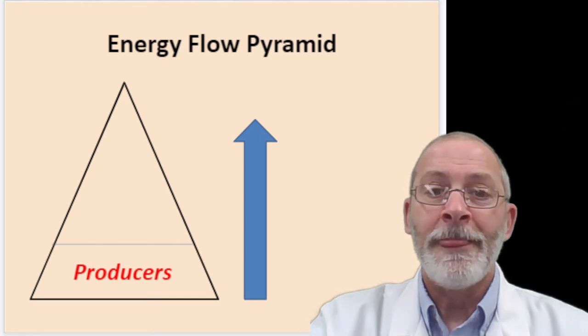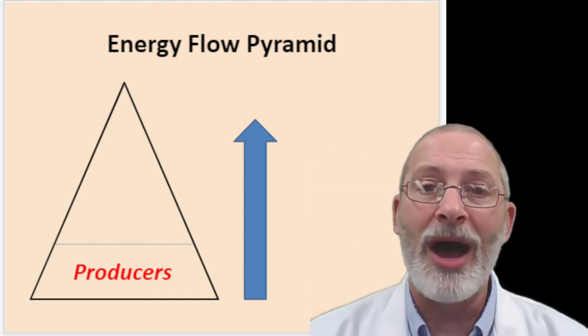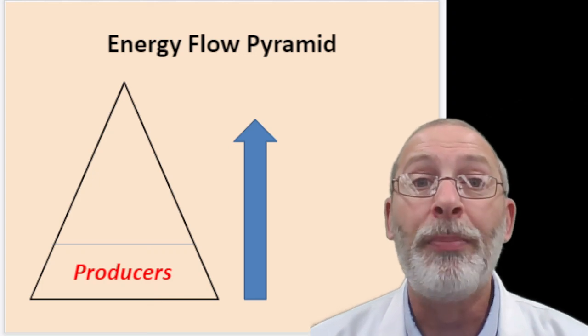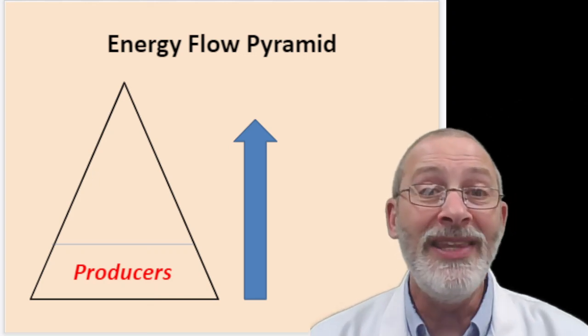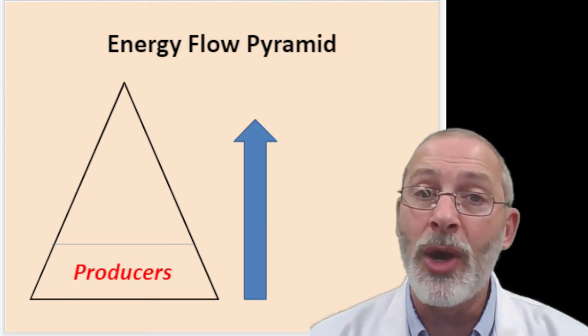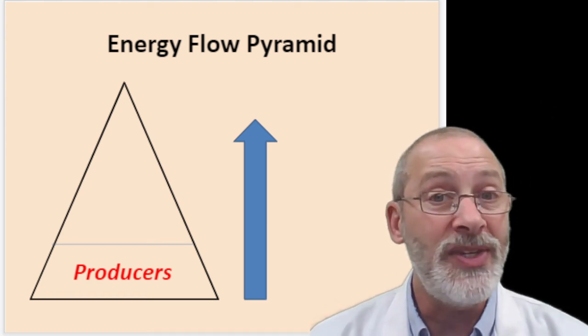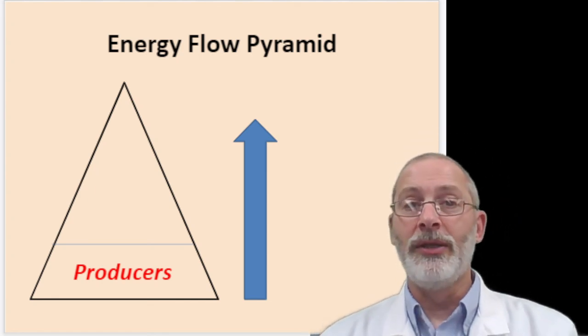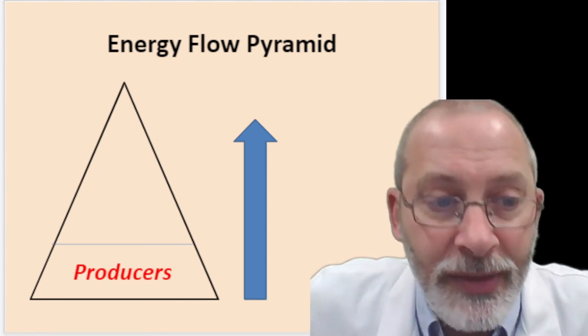You see, at the bottom of our pyramid, we have the largest group called the producers. And in this energy flow pyramid, the energy flow is going to be from the base to the top of the pyramid. In fact, I'll talk a little bit about it as we fill in this diagram.